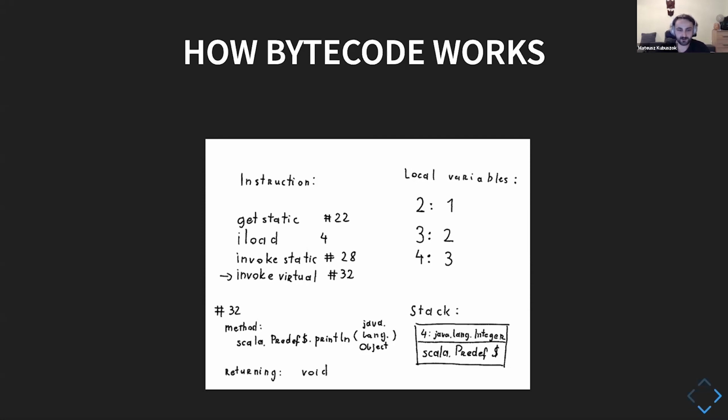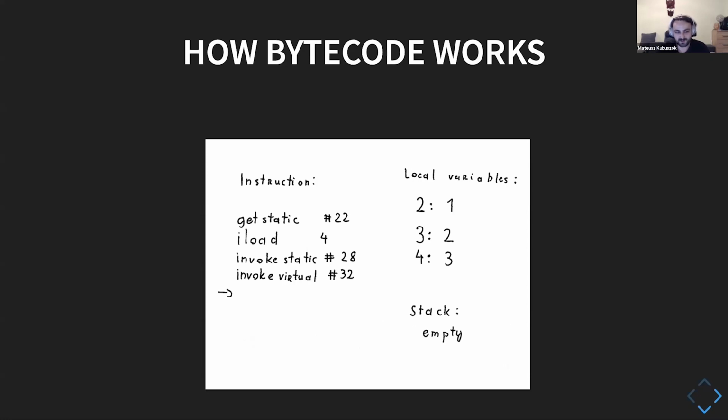When we are running it, it will take the object, which is why we had to put it on the stack, and use it to resolve what the implementation is. And once it finds the implementation, it will go right into this function and initialize all of the arguments so that we will be able to continue and execute the code. And as we executed, in the case of this object, we got empty because println is not returning any value.